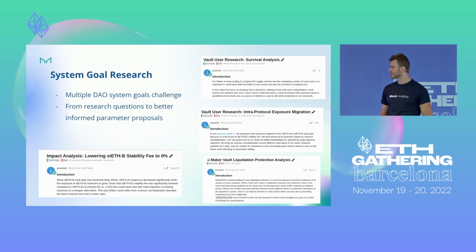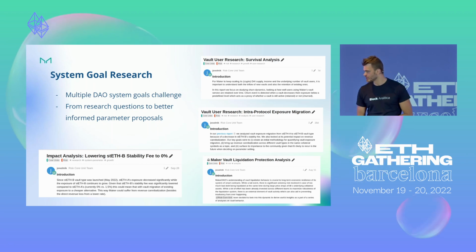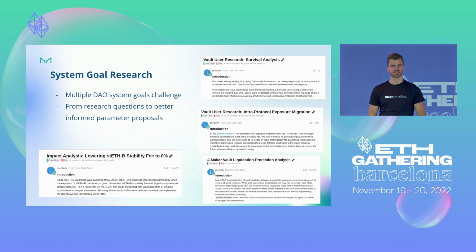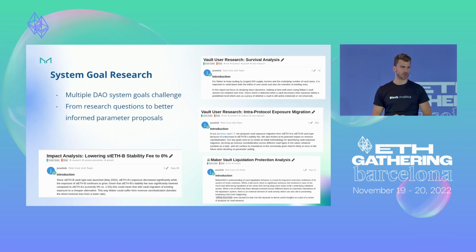And another one is liquidation protection analysis, where the idea is that we get a better understanding of vault behavior, how that translates ultimately to impact on the system goals, and then that can inform on-chain decisions.